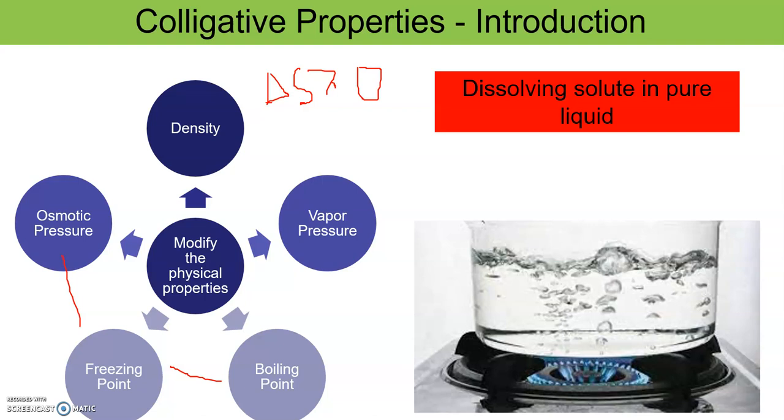So colligative properties occur when dissolving a solute in a pure liquid, such as when we introduce salt in our water. Of course, the physical properties of the solution will change: the boiling point will be increased, and the freezing point will be lower.